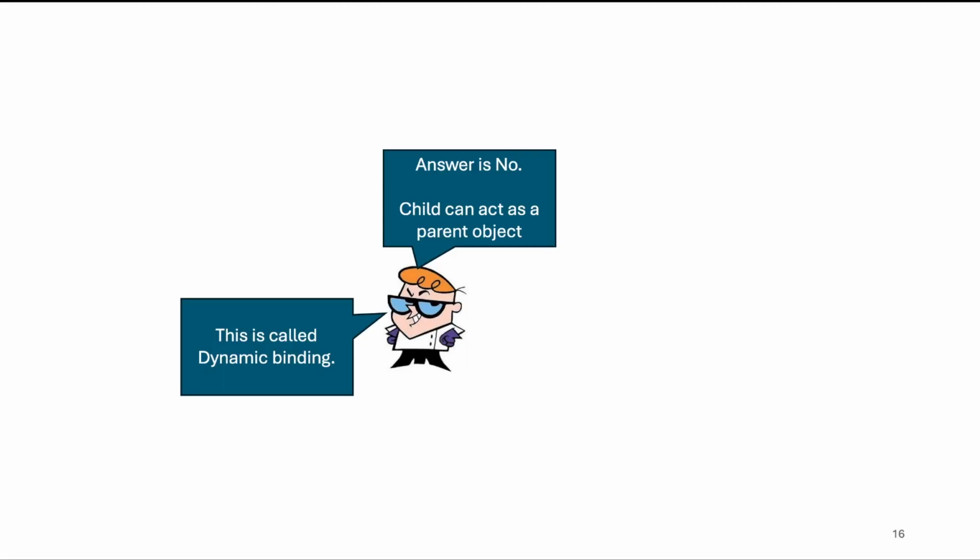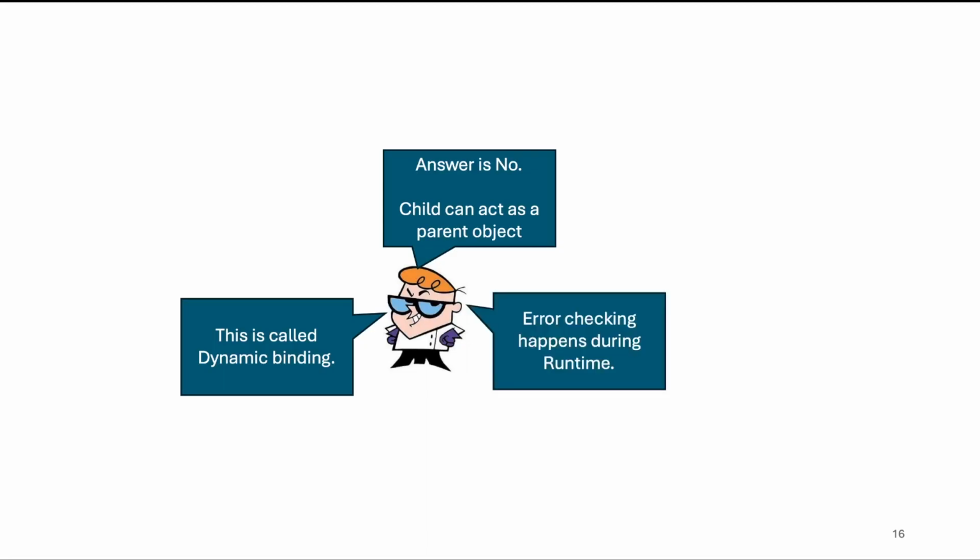If there is a method whose input requires a parent object, any child can simply go into that function with ease. This is called dynamic binding. Dynamic binding is a very complex process, and it does not happen during the compilation.